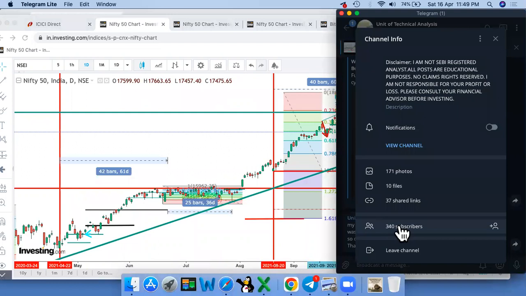Because I didn't buy it on 28th of August, I bought it somewhere nearer to that part. I don't have the exact details of 20th of August, but if somewhere around nearby, I will try to give you the details.